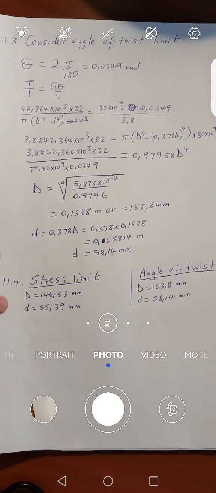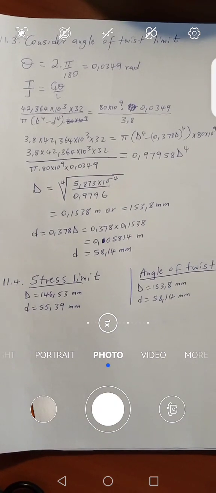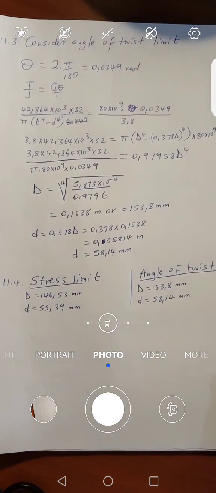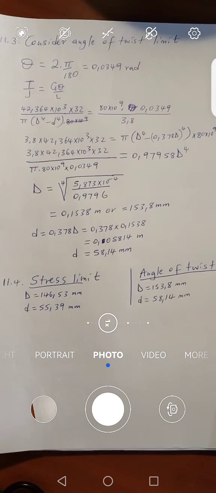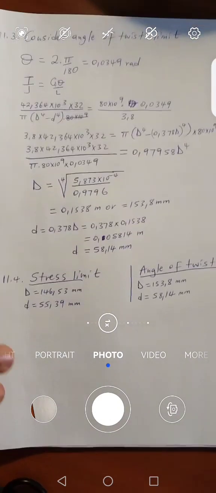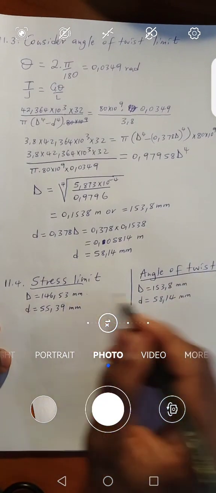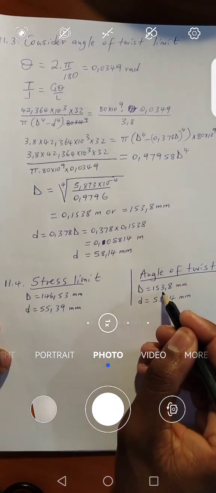So now, how to check which one will be the right one? I'm not sure if for your syllabus you might have to know it in this way, but the answer will always be, okay, let's check here. Between this and this one is big. 146, 153, 153 is big.